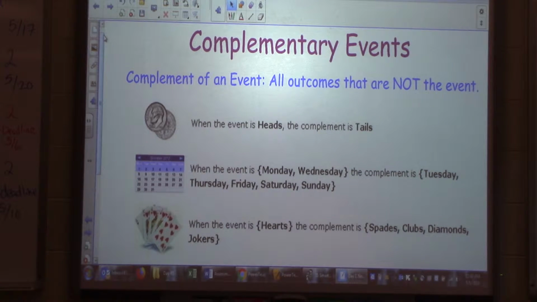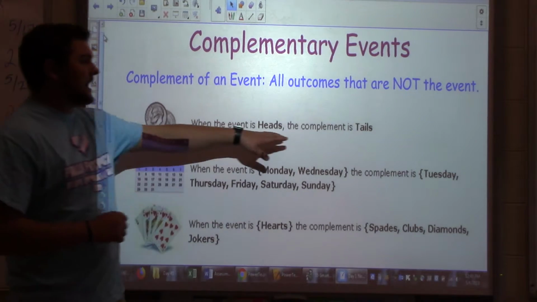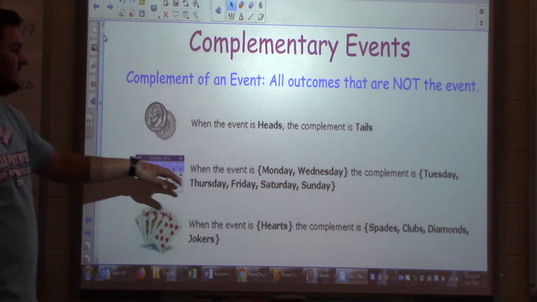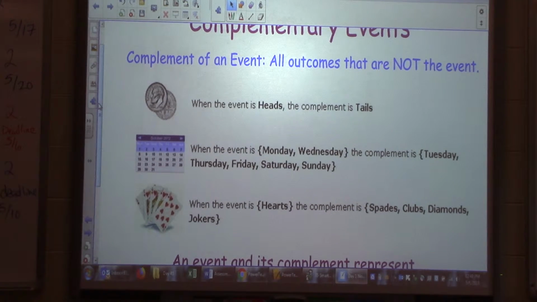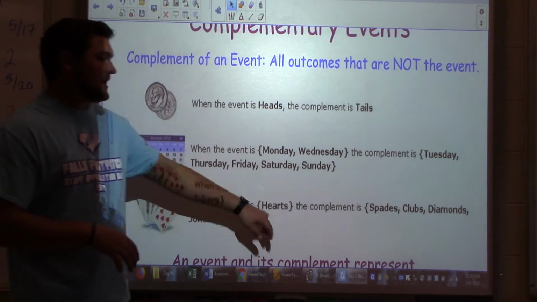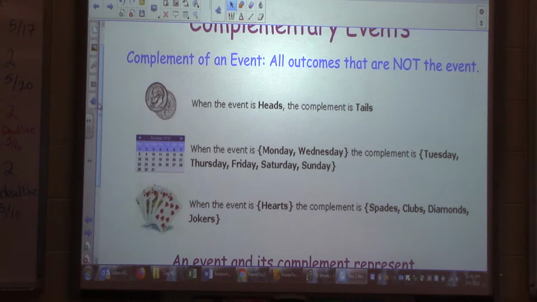It'll be all the outcomes that wouldn't accomplish our goal. If the event is heads, the complement would be tails. When the event is Monday, Wednesday out of a week, the complement would be Tuesday, Thursday, Friday, Saturday, Sunday. If the event is picking a heart out of a deck of cards, the complement would be spades, clubs, diamonds, and jokers if you have those in there. So any of these examples would work.